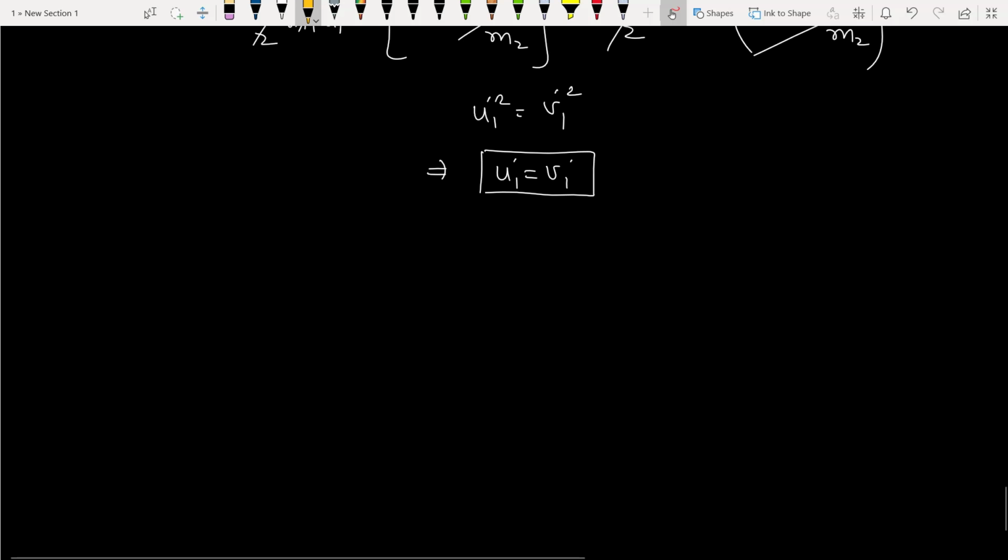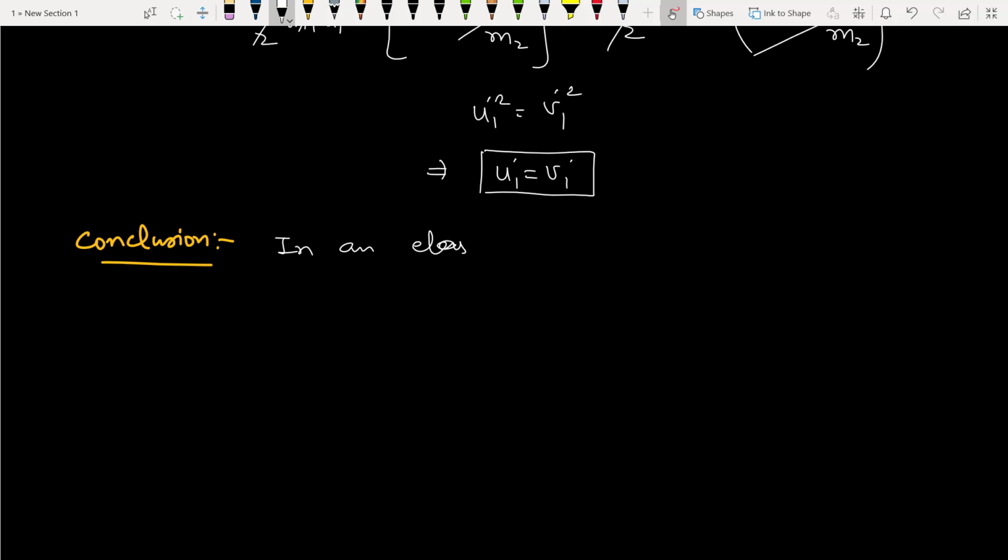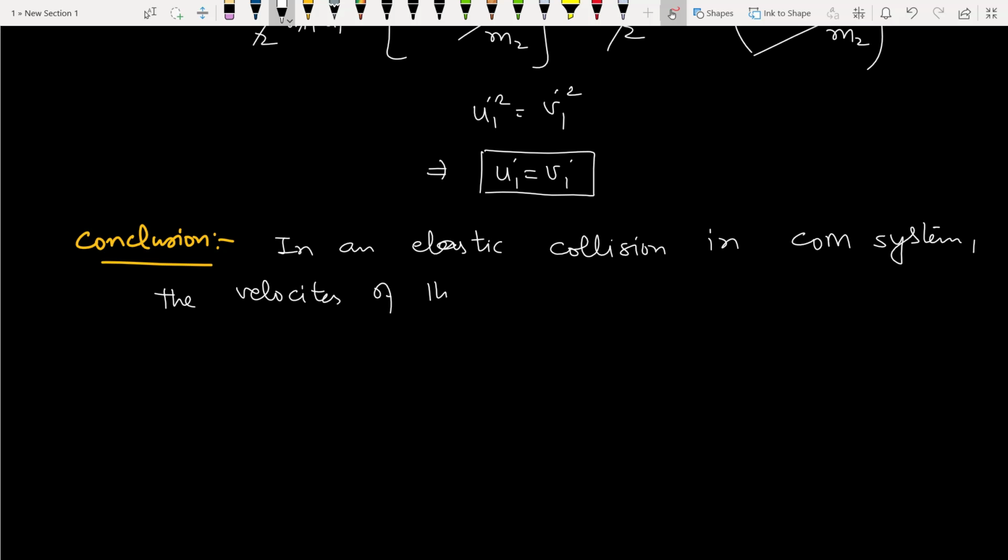So the conclusion is that in an elastic collision in center of mass system, the velocities of the particles remain the same before and after the collision.